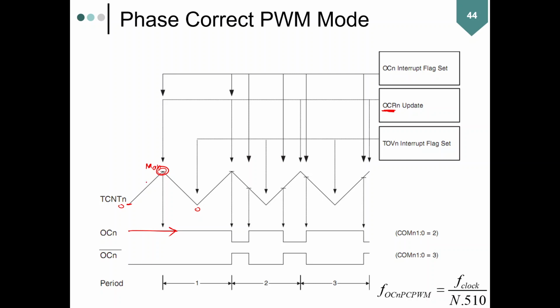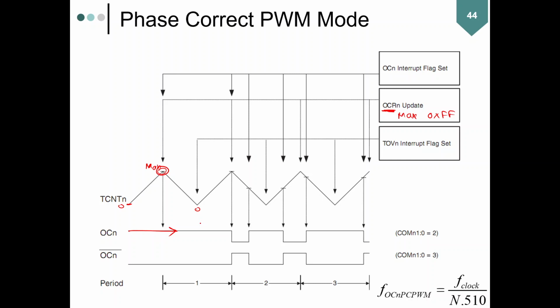So if you set this output compare register value to max, which means 0xFF, then the comparison does occur, but the PWM is actually not generated; the output remains high. So basically you have a PWM with 100% duty cycle.